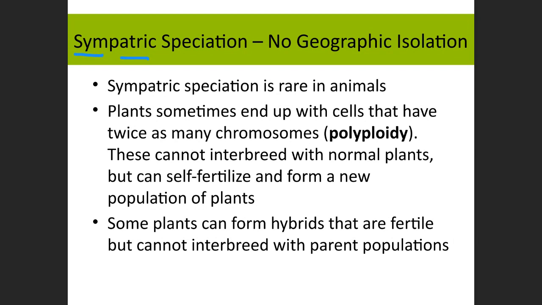You had a 2N egg and a 2N sperm, and you've got a 4N baby out of that. Now, this 4N offspring cannot mate with its parents or any of the same species of its parents, but it can mate with itself. So in one generation, suddenly we have a whole new species that's reproductively isolated. So plants can do some funky things that animals can't, and they can have sympatric speciation.